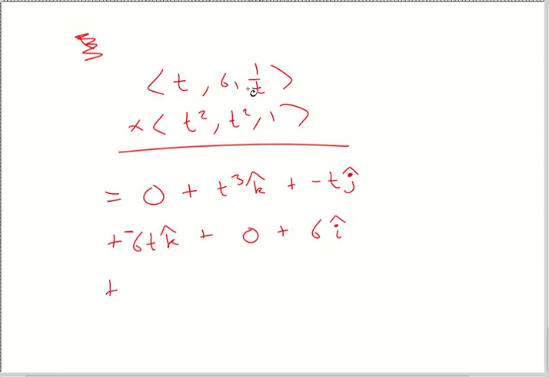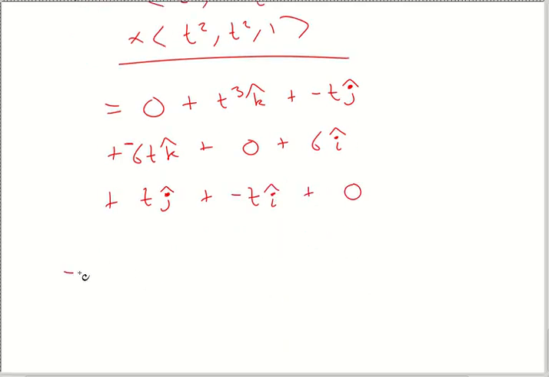T squared divided by t is just going to be a regular t, but remember that that's a positive j component, so we're good there. Same thing here, we'll get a t, but because it's a negative I component, it'll be a negative in the end, and then a 0. Putting all this stuff together, my i's are going to be 6 minus t. My j's, actually they cancel. That's fun. And then we have this t cubed, and then we got this other thing here.